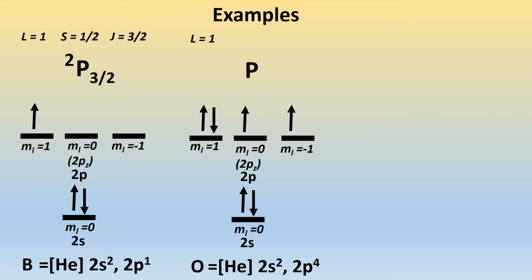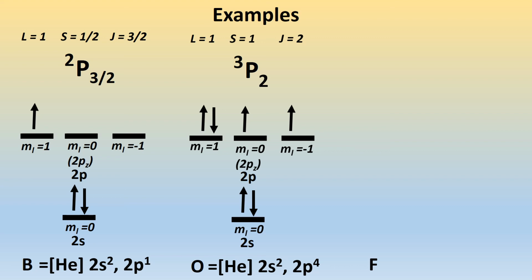Again, adding up the spins, plus 1/2 for an arrow up, minus 1/2 for an arrow down, and plus 1/2 for another arrow up, gives you a total spin of 1/2. This gives rise to a spin multiplicity of 2. By calculating L plus S, 1 plus 1/2, one gets 3/2 for the value of J, which is commonly denoted as a fraction, giving a final term of 2P 3/2 for boron.